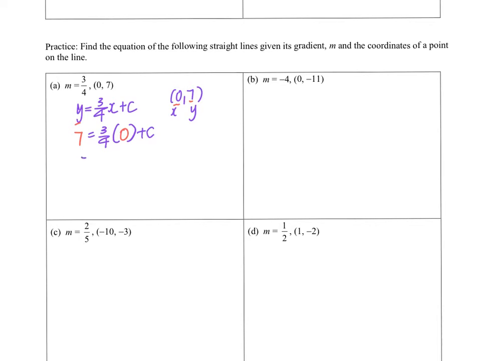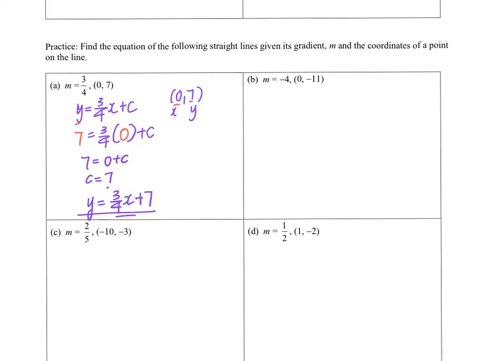Okay, so this is 7 equals 0 plus c. c will be equal to 7. But is this the equation? No, the equation is y equals 3/4 x plus the c, which is now the number 7. Have you gotten the answer?